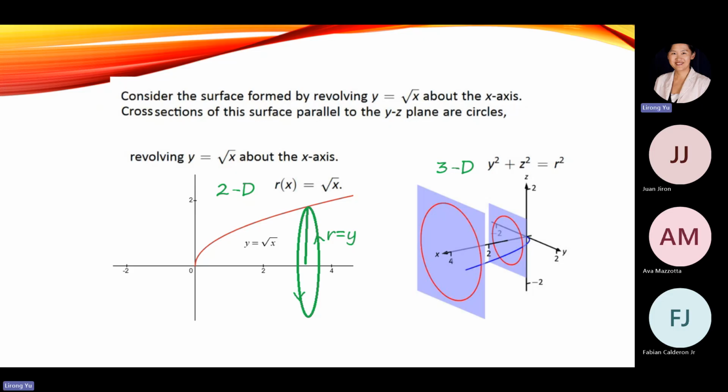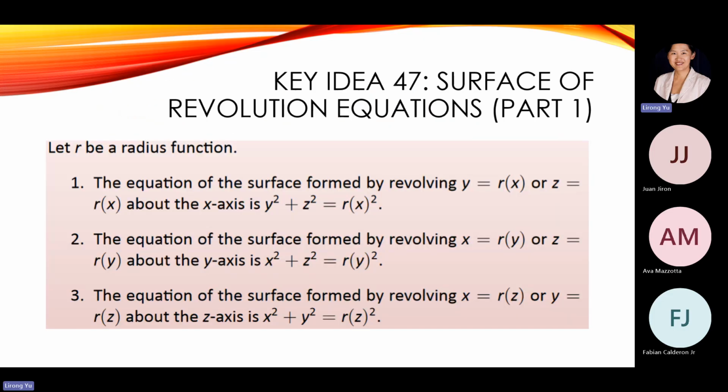All right, we do have some rules we can observe. So from that example, we're going to try to generate a plan for how to handle this kind of question. It's really not the focus of chapter 10, but being able to think about this allows us to connect many of the equations. One of the questions in the homework is to identify what kind of surface an equation represents. Some of the surfaces are surfaces of revolution, so you can see they're rounded, circular and symmetrical.